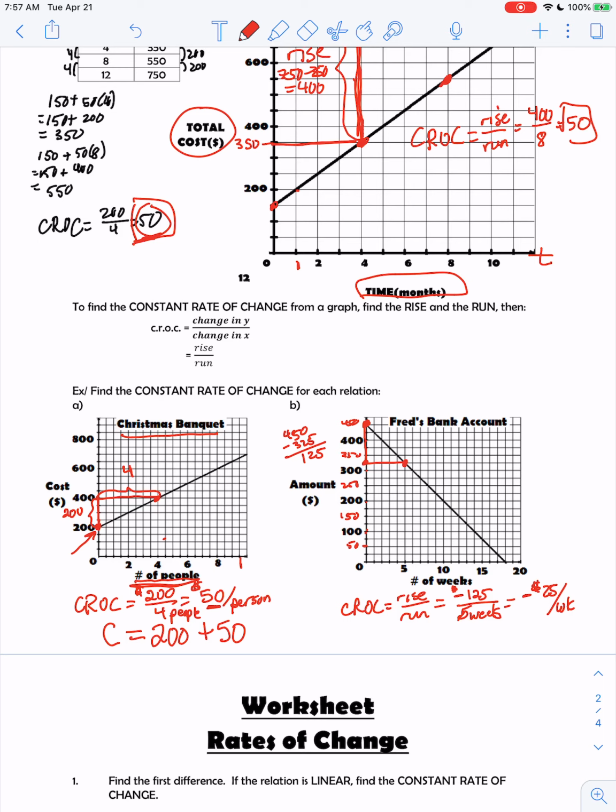I'm going to use n for number of people, so C = 200 + 50n. On the second graph, we're talking about the amount of money. So the amount of money, it starts out at $450, but we're taking off $25 every week. Use W for weeks, A for amount of money. This is N and C.